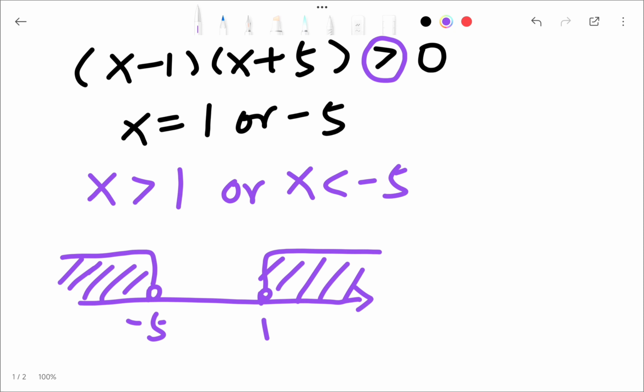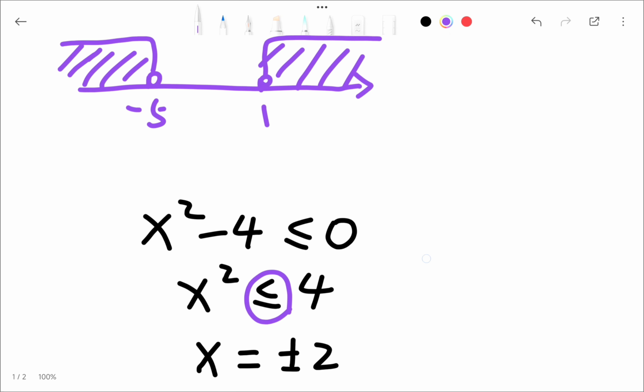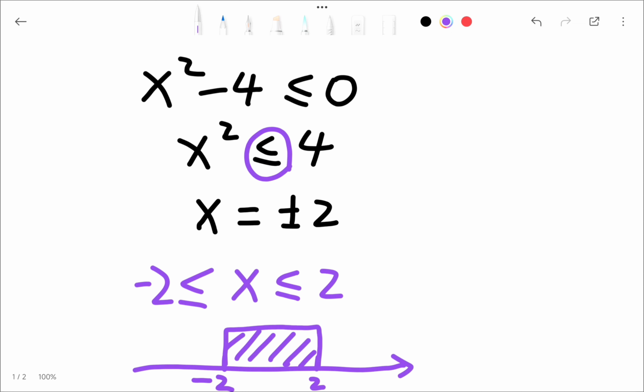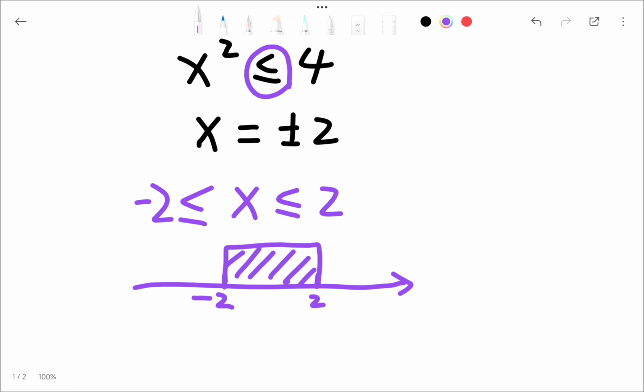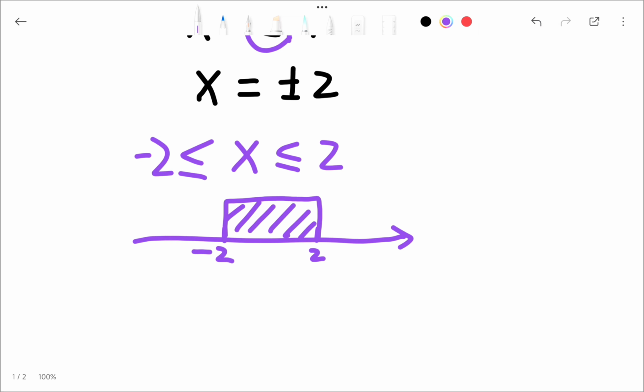So on a number line, the range of values go sideways. If the inequality sign at the last step of your working is a less than or equal to sign, the answer is the variable is between the two roots that you found, like shown here.